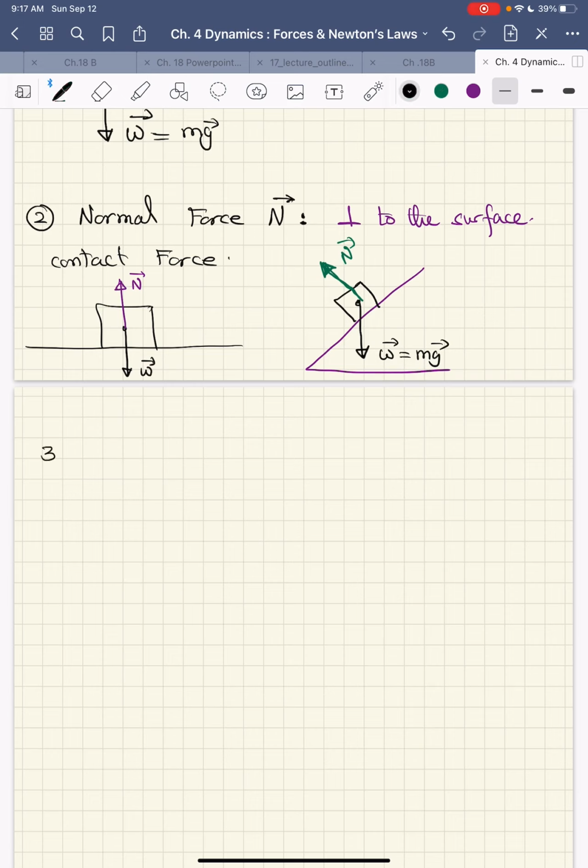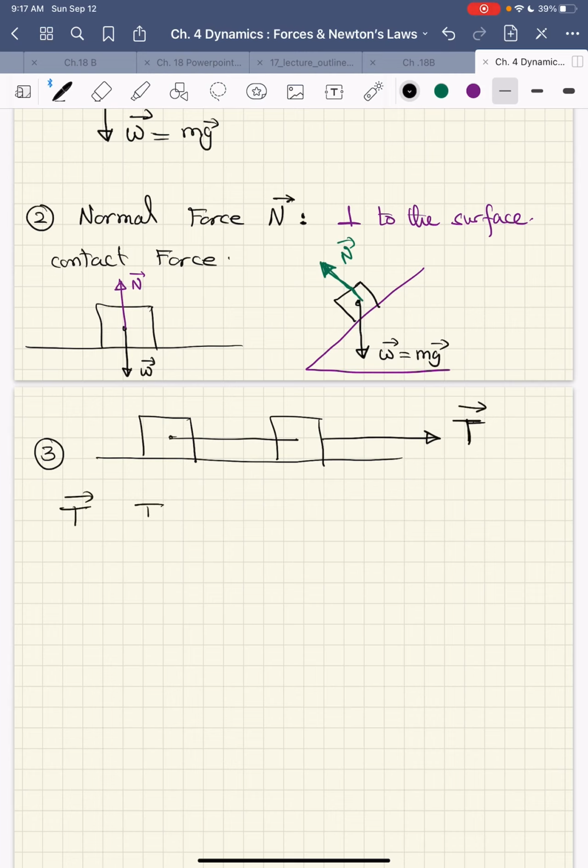Now, number 3. Let's assume here I have this, and let's say I'm pulling using a rope or a string. This is T, we call it tension. And the tension in the same rope is equal.